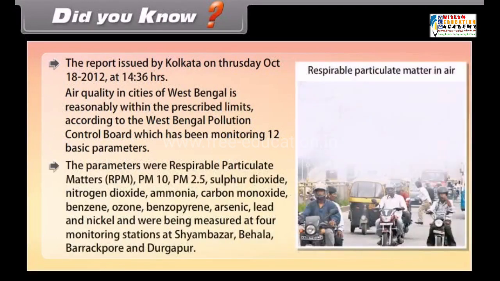The parameters were respirable particulate matter RPM, PM10, PM2.5, sulfur dioxide, nitrogen dioxide, ammonia, carbon monoxide, benzene, ozone, benzopyrene, arsenic, lead and nickel, and were being measured at 4 monitoring stations at Sham Bazar, Behala, Barakpur and Durgapur.